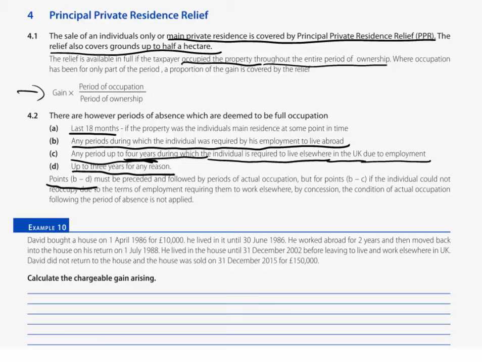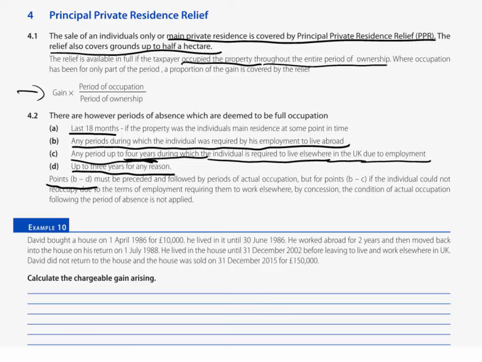So the basic rule is, to get any of those periods, we must have lived in it at some point, not necessarily immediately, but at some point prior to any of those periods of absence. So it must have firstly become your PPR. It then says also, and followed by periods of actual occupation.